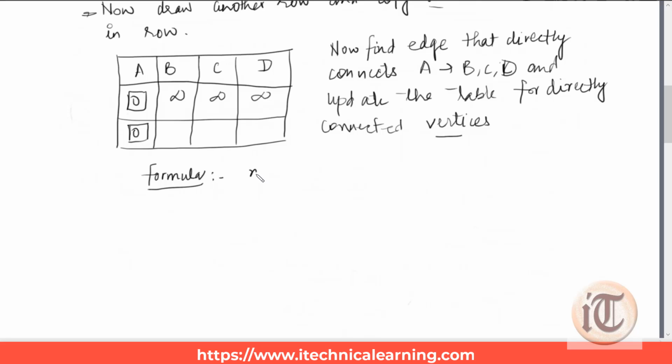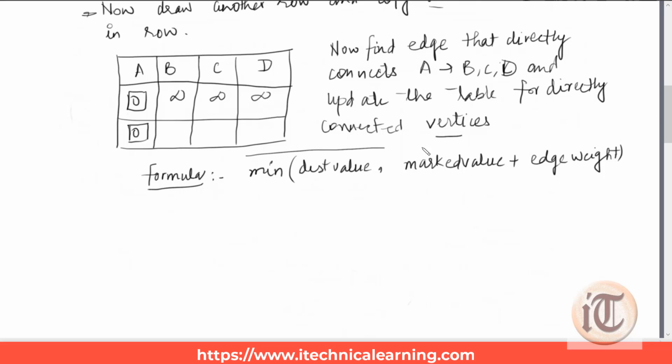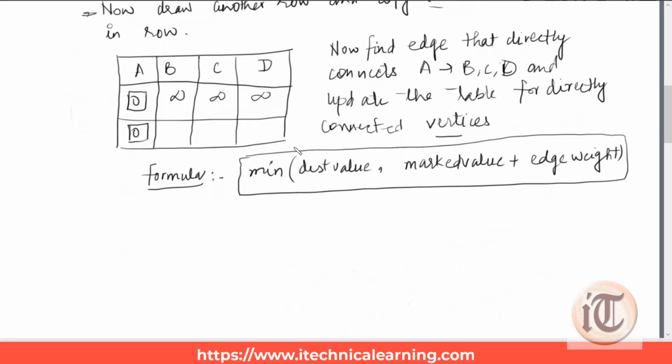The formula says we have to update the table as min of destination value, comma, marked value plus edge weight. You have to remember this formula so that you can update the table each time you enter a new row.